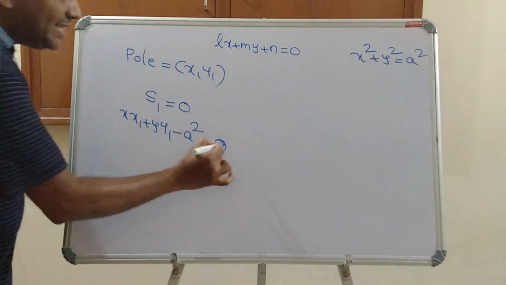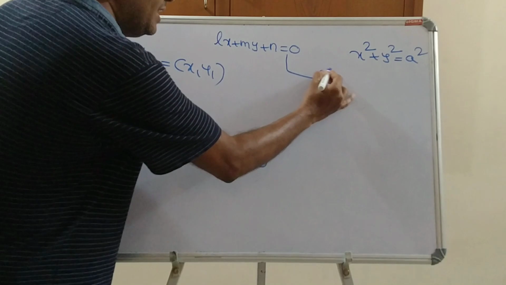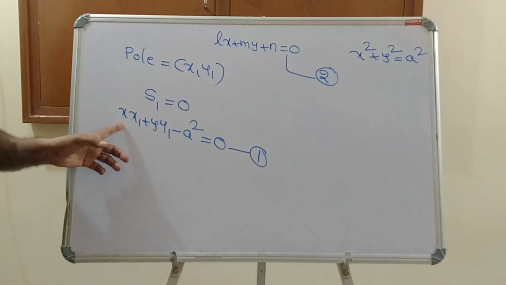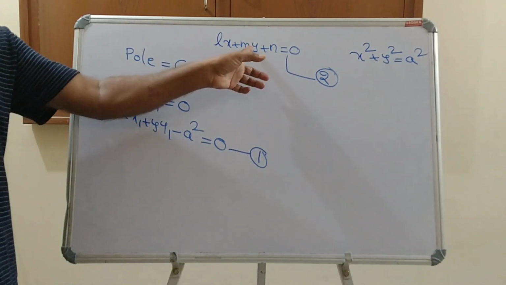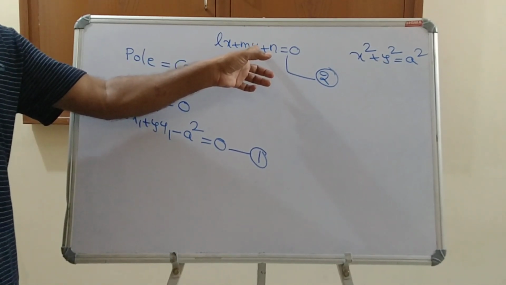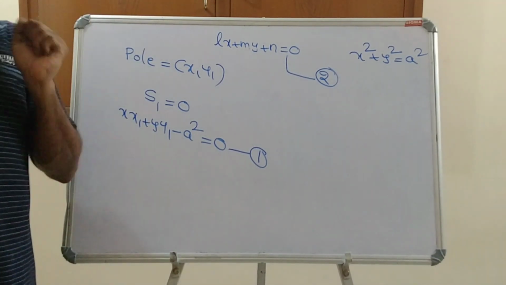Now, this is equation 1, this is equation 2. Both equation 1 and equation 2 are equations of the polar. That means 1 and 2 are identical.